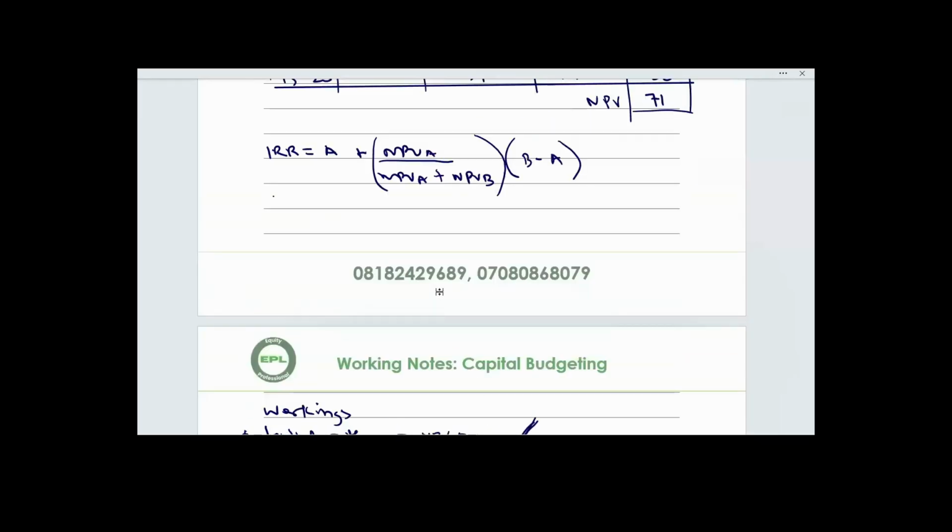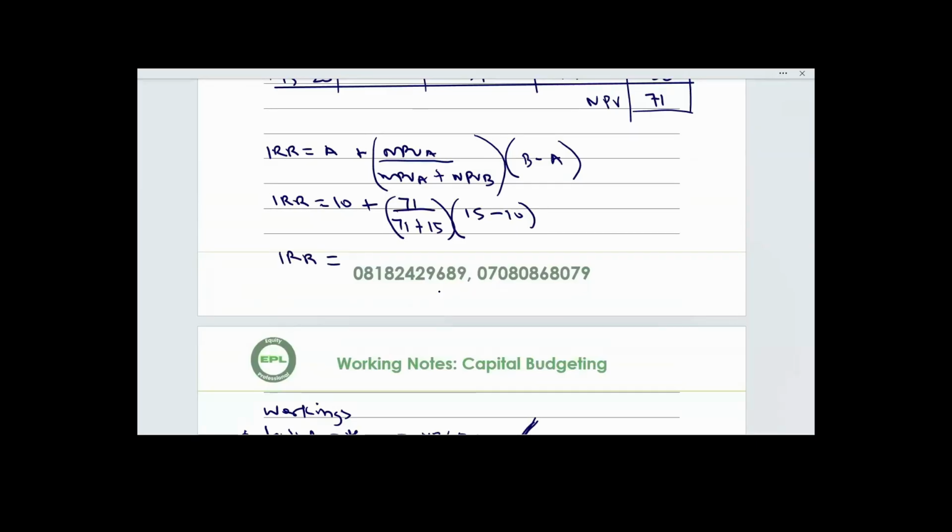So IRR would then be equal to A, we assume 15 and 10%. 10% is lower. So 10 plus NPV of the 10 is 71 divided by 71 plus NPV of higher discount rate of 15. Okay. So higher discount rate of 15 minus lower discount rate of 10. Final answer.